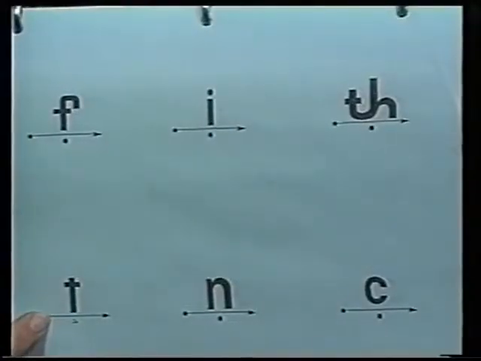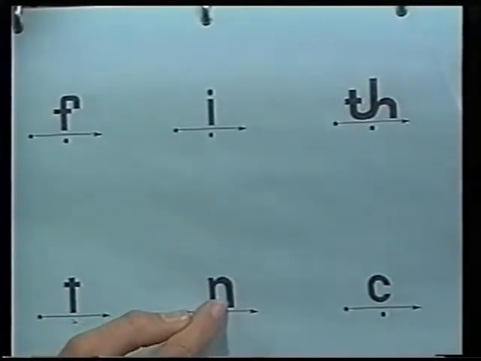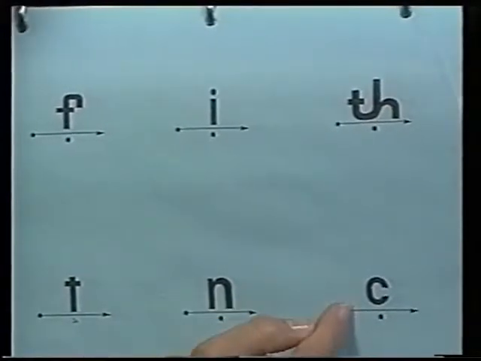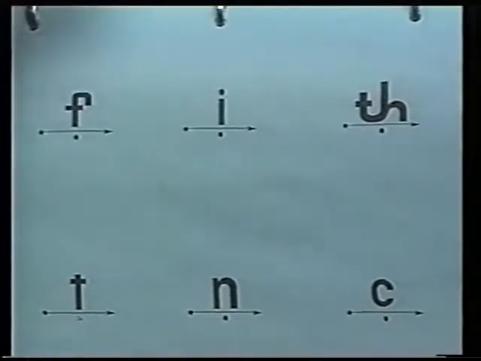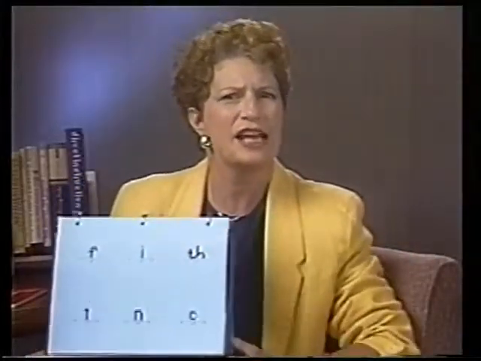Get ready. Yes. T. Get ready. Yes. N. Another quick one. Get ready. Yes. K. If you hesitated on saying any of those sounds or didn't say them for as long as I touched under them, practice them now.